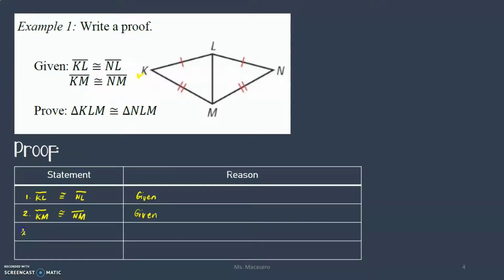Next, we notice that in our figure, side LM is a common side to our two triangles. So meaning to say, side LM is common to triangle KLM and triangle NLM.